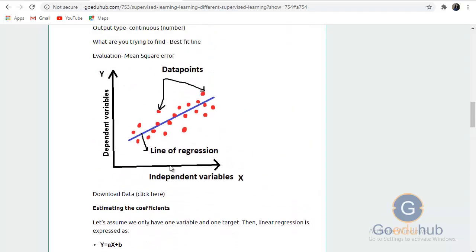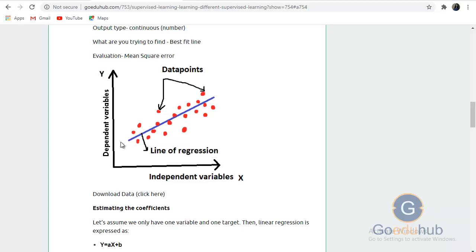You can see from this diagram also, we have the independent variable x and the dependent variable y, and the red ones are the data points. We just want to predict, like if the data point value is this first red one, then our dependent variable value should be in this range.